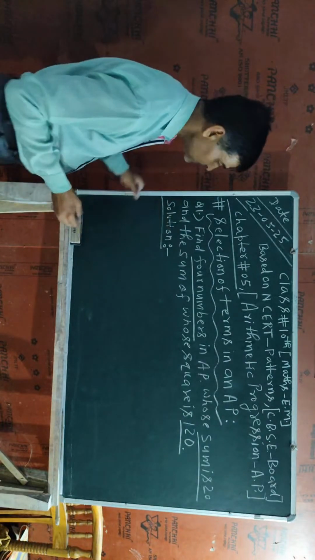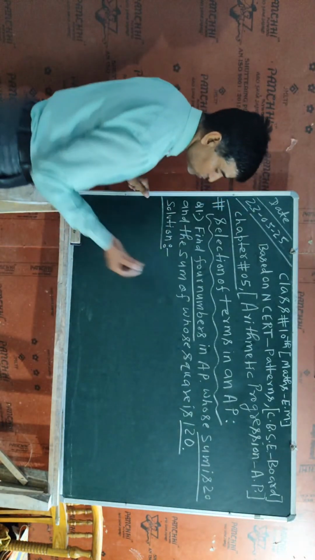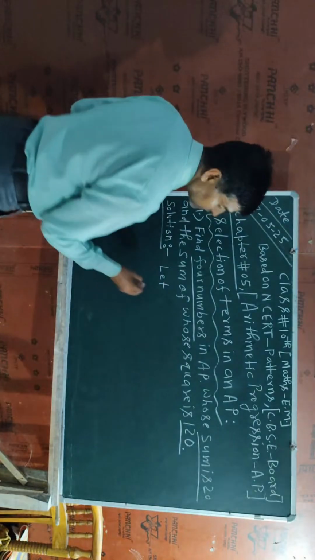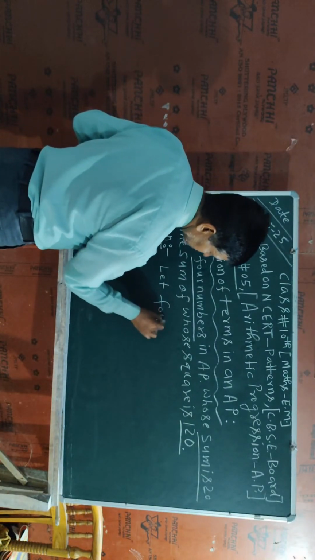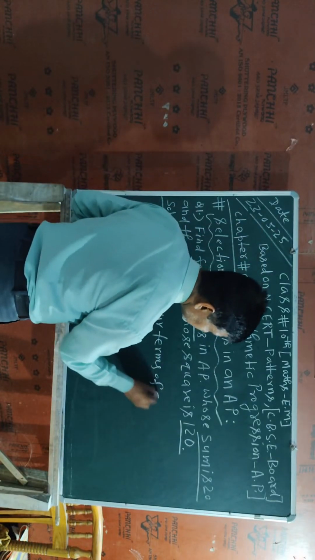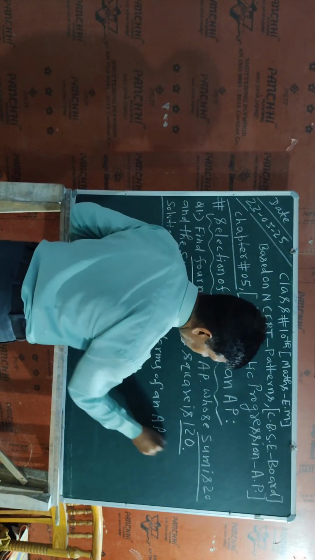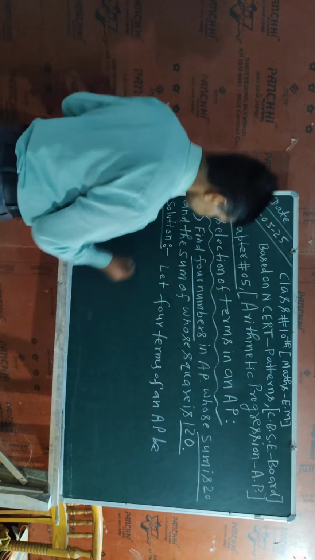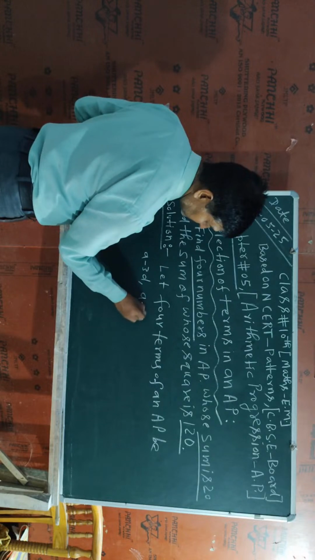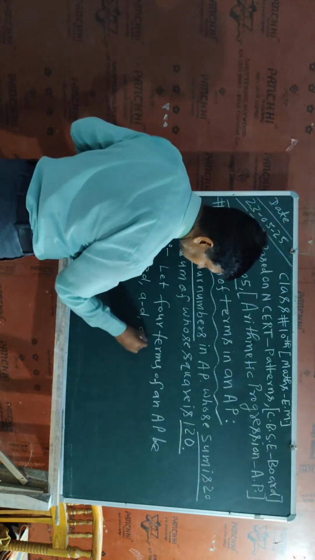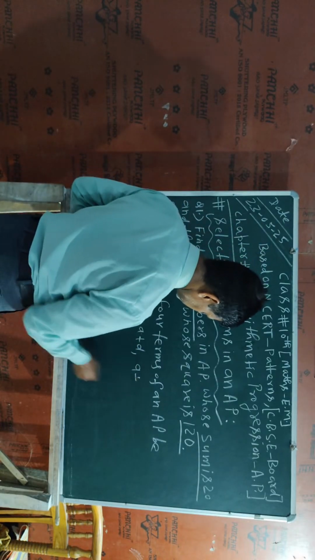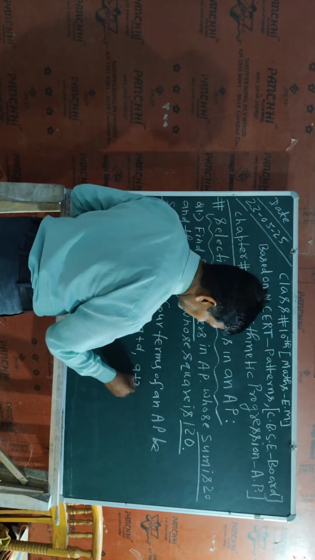Okay student, now here I will say according to the question. First of all I will say let the four terms of an arithmetic progression be a minus 3d, a minus d, a plus d, and a plus 3d.